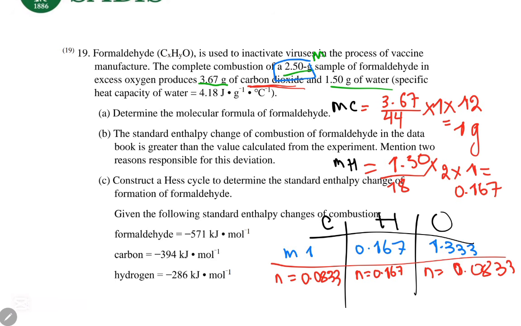Now, from this, I'm going to divide by the smallest, 0.0833, and I'll be left with a ratio of 1 to 2 to 1. So what is the molecular formula of formaldehyde? It is CH2O. That's it for part A.